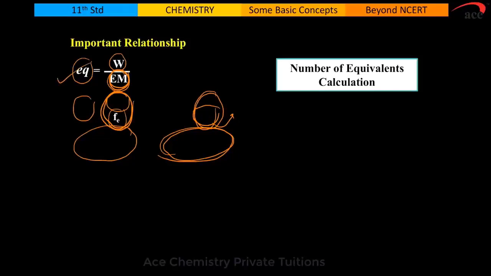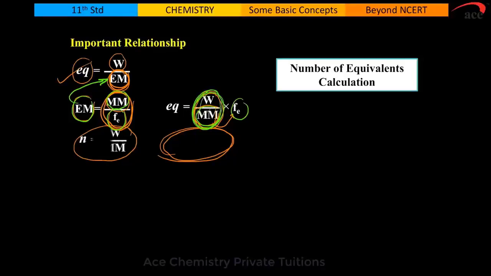If you go back and check, mass divided by equivalent mass is equivalents. Then, if you take molar mass and divide it by factor, you get equivalent mass. Put the value of equivalent mass here, and it will be mass divided by molar mass over factor, and we have seen this somewhere. That is nothing but moles.